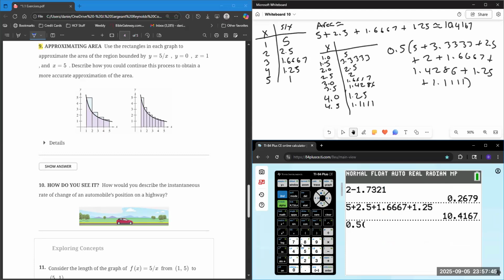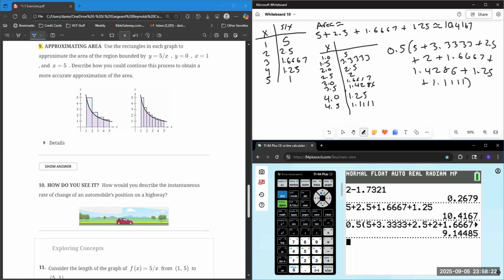0.5 times 5 plus 3.3333 plus 2.5 plus 2 plus 1.6667 plus 1.4286 plus 1.25 plus 1.1111.